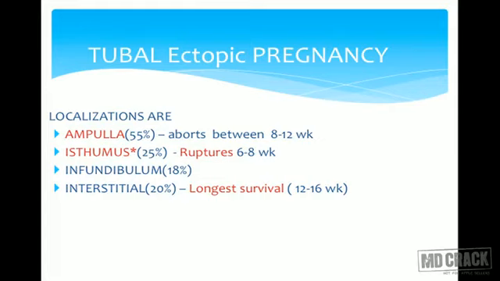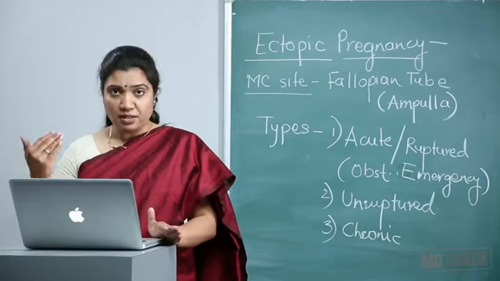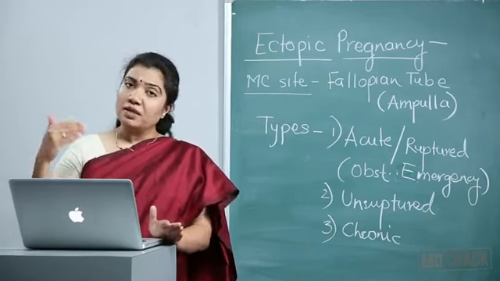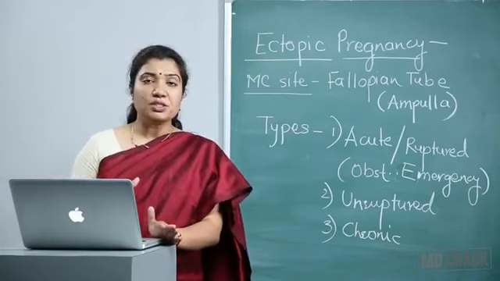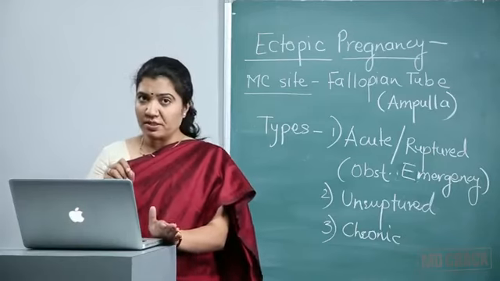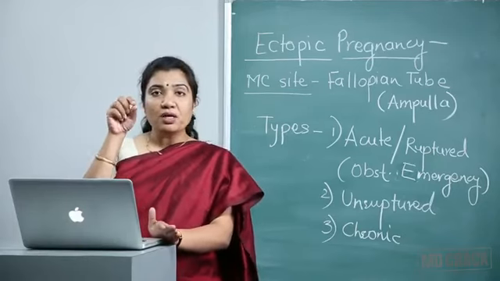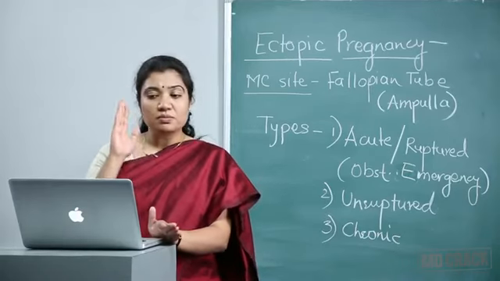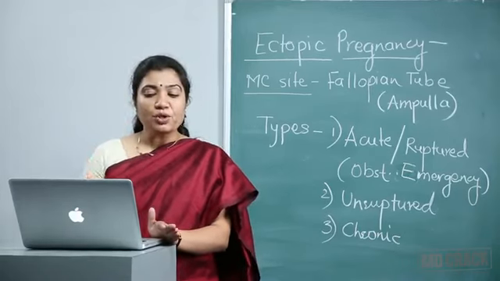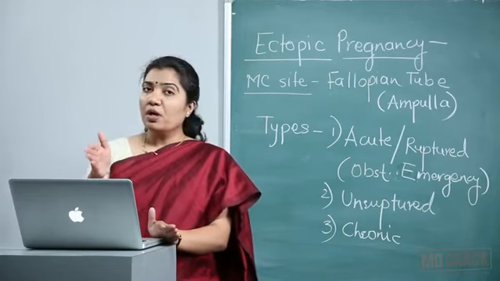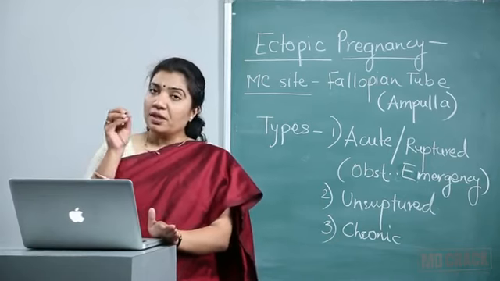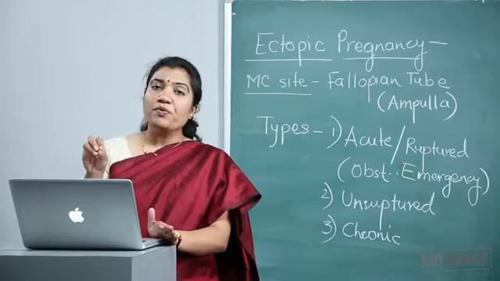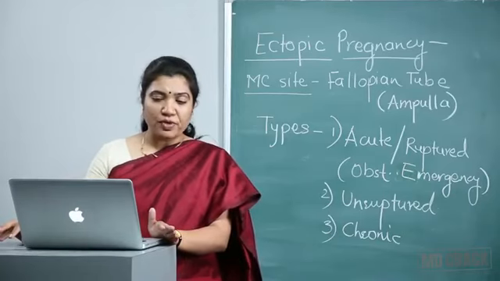Then it can be seen in the isthmic region, then in the infundibulum, and the last part is interstitial. So you can remember this sequence as ampulla to interstitium. That's the thing you can use to remember how frequently ectopic would be found at which particular region of the fallopian tube.